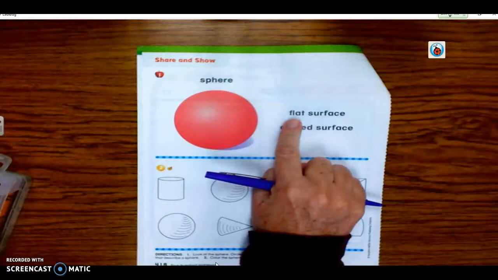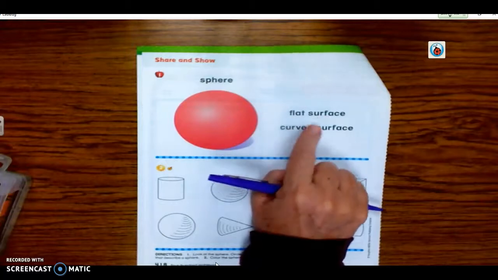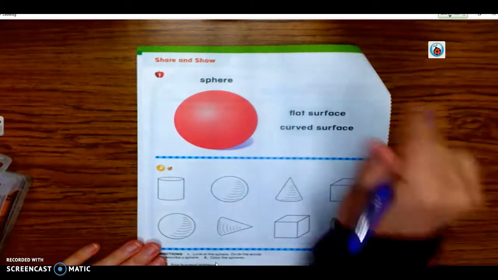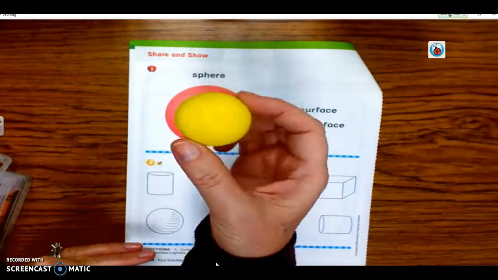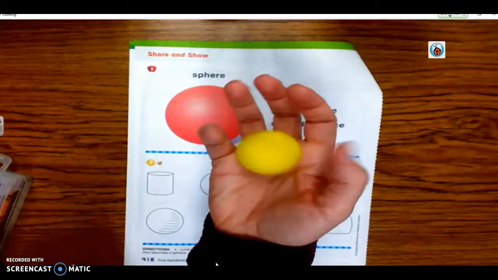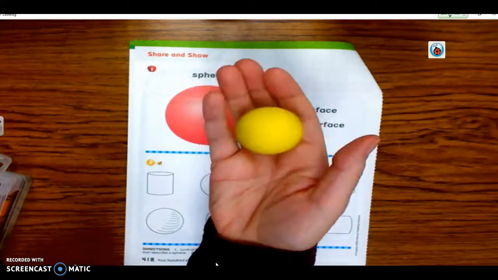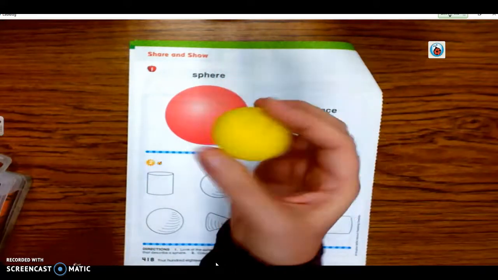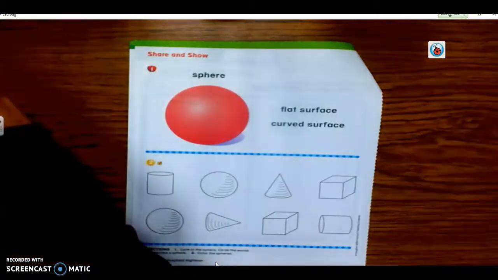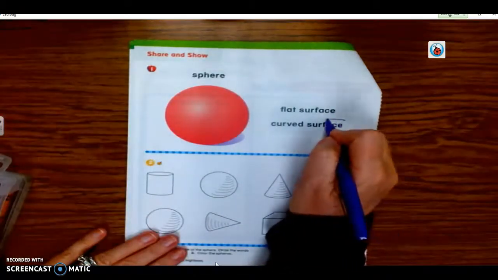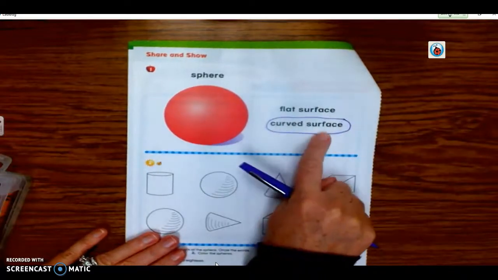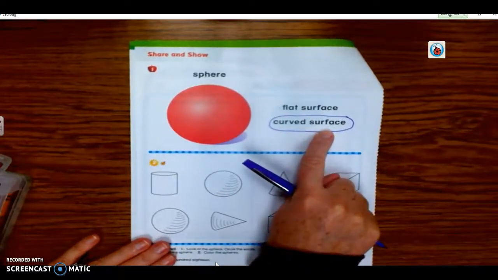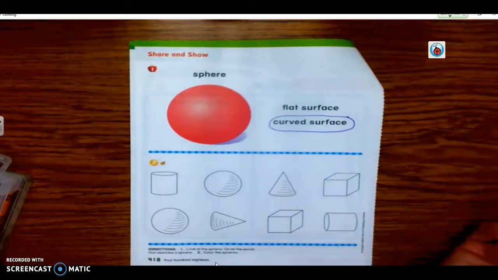This one says flat surface. This one says curved surface. So when you think about a sphere, does it have any flat surfaces? Any sides? No, it does not, because it is shaped like a ball. So it has a curved surface. So circle that phrase, curved surface. It has no sides, no edges, nothing flat.